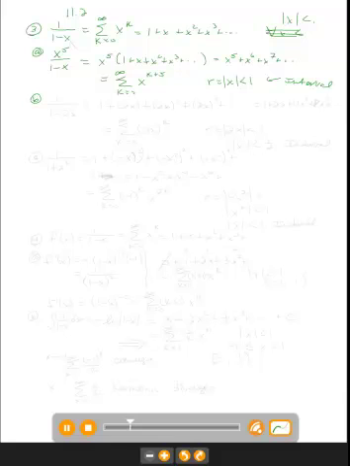Part B, they want us to find 1 over 1 minus 2x. Well, all I need to do is take the original series that they gave me and replace every x with 2x.